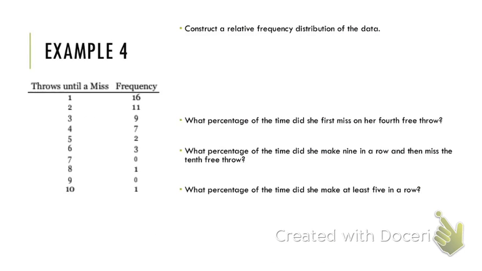All right, this one wants us to actually make a histogram. So we're going to do this together. The bottom is going to be, yeah, so I'm going to count up to 10. And I actually need to find the relative frequency before I make my vertical axis to see what the highest one is.